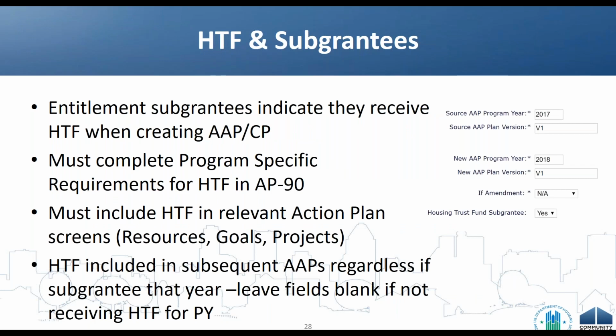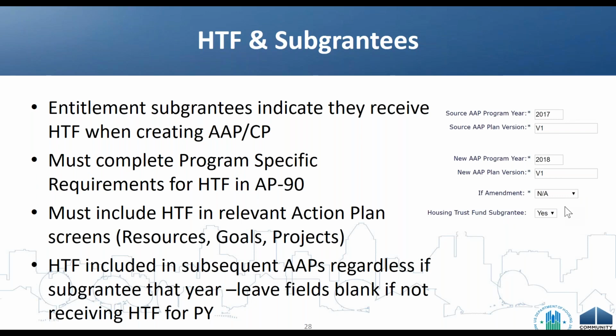For entitlement subgrantees, when you are creating your action plan, either copying or adding a new blank action plan or consolidated plan, you are able to indicate if you are a Housing Trust Fund subgrantee. And just looking here at the screenshot in the right-hand corner of the PowerPoint, as we see we're copying the 2017 action plan and our new action plan, 2018, I now have an option to indicate if I am a Housing Trust Fund subgrantee.